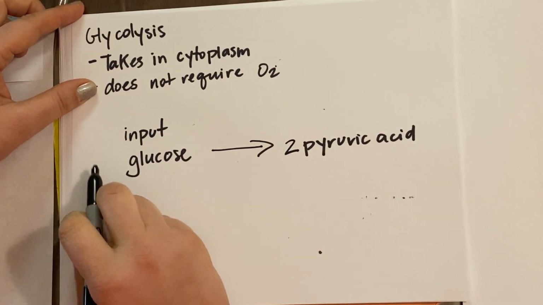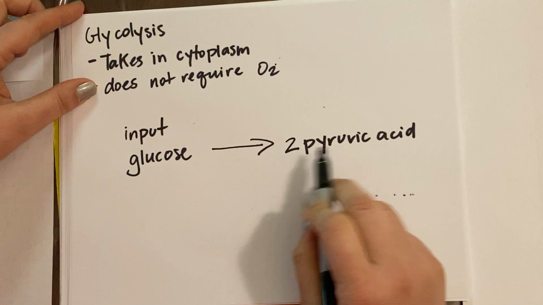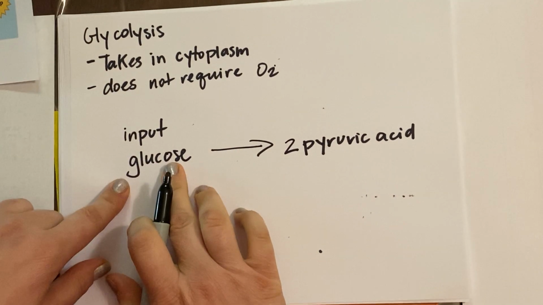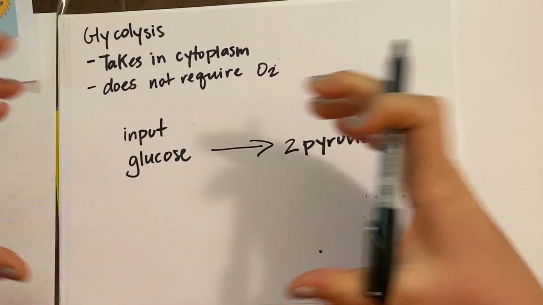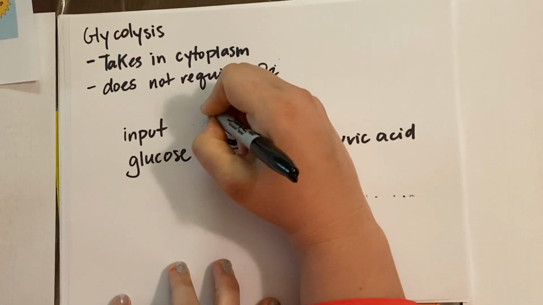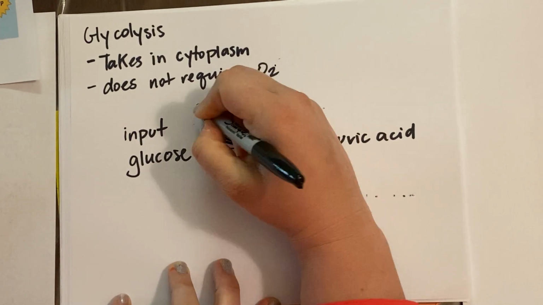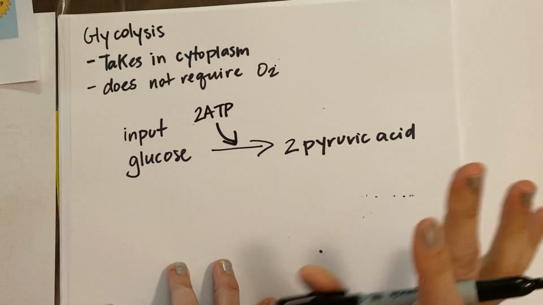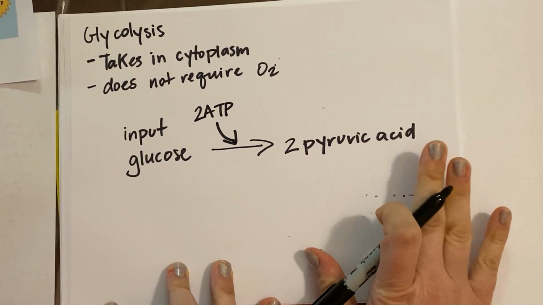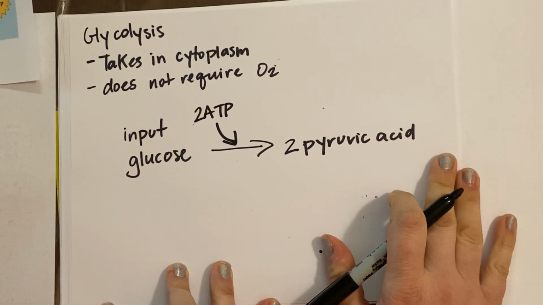So for every one glucose molecule, you have 2 pyruvic acid molecules. This process of taking glucose, and we're going to start breaking glucose apart, it does require ATP. So I'm going to write ATP right here because it requires 2 ATP. However, during this whole process, what's going to happen is we're actually going to make a little bit of ATP.